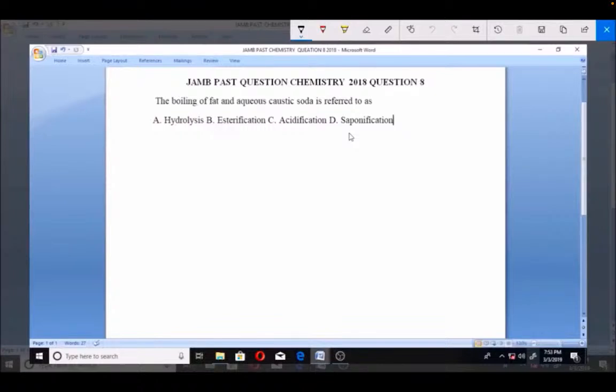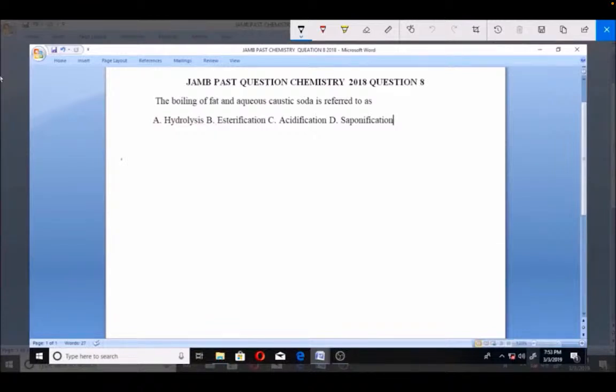And these salts are actually the principal constituents of soap. So saponification is the process of producing soap by hydrolyzing the fat with caustic soda. So the process here is actually saponification when you look at these definitions.